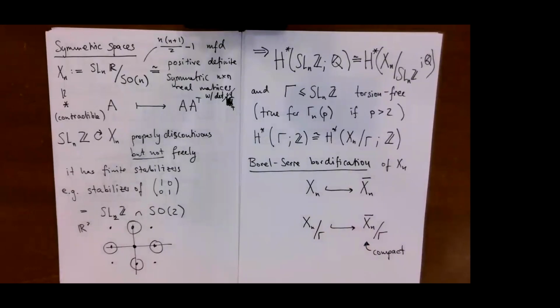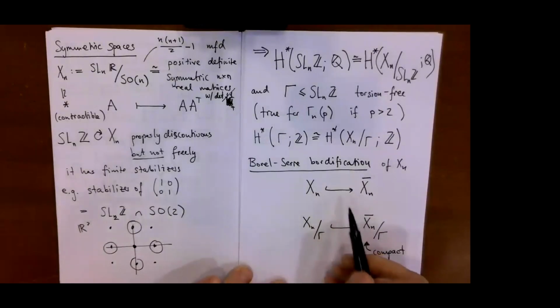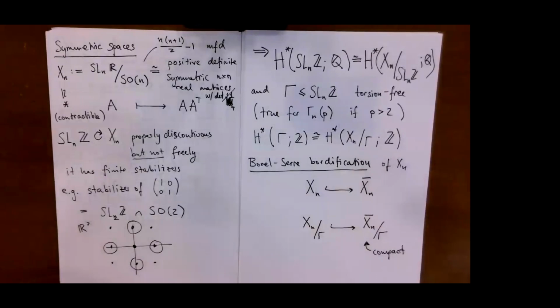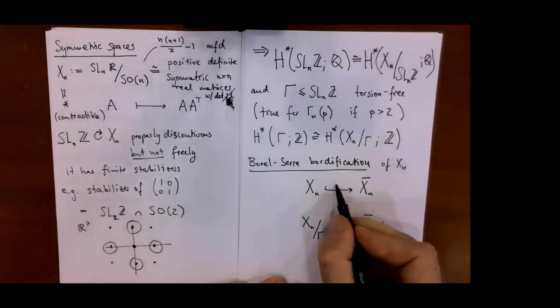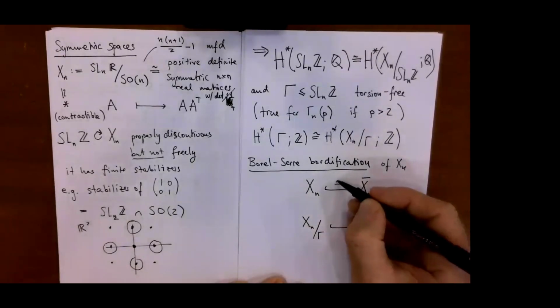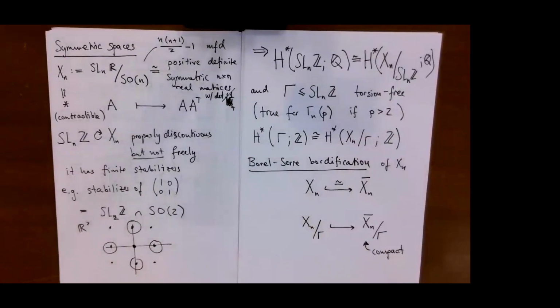There's going to be still open stuff. Now, as I said, we're attaching some boundary of an open manifold. For all of the compactifications, this will give you a homotopy equivalence. For all of them this will still be contractible.